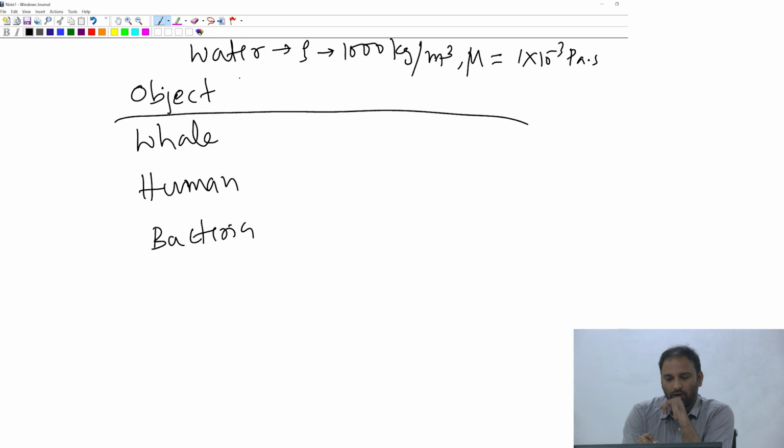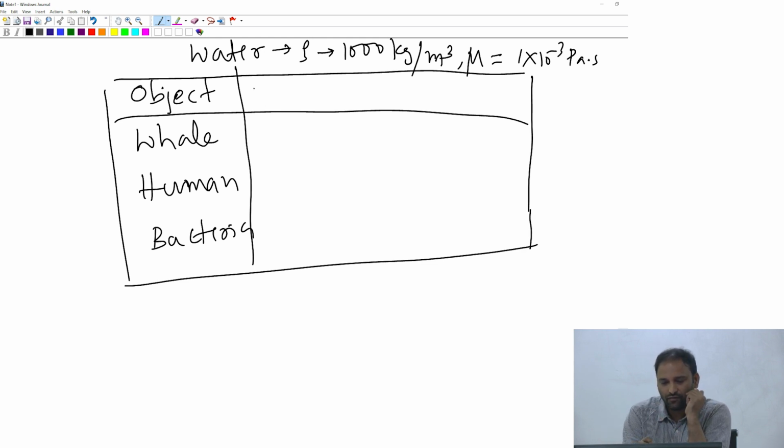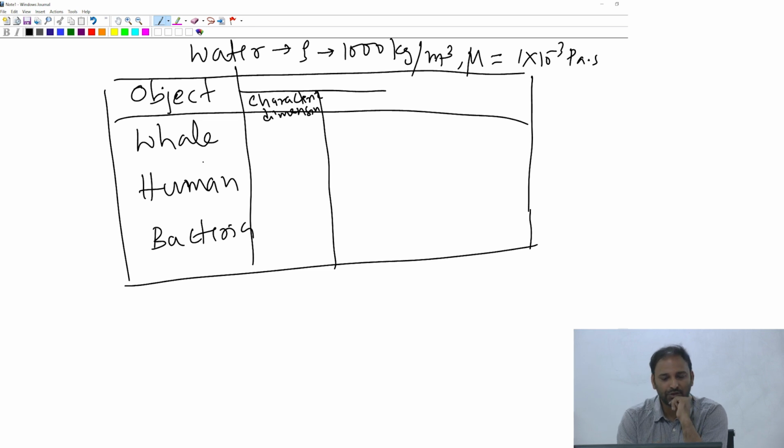Now let's think about the characteristic features of these objects. What do you think is the characteristic dimension of a whale?